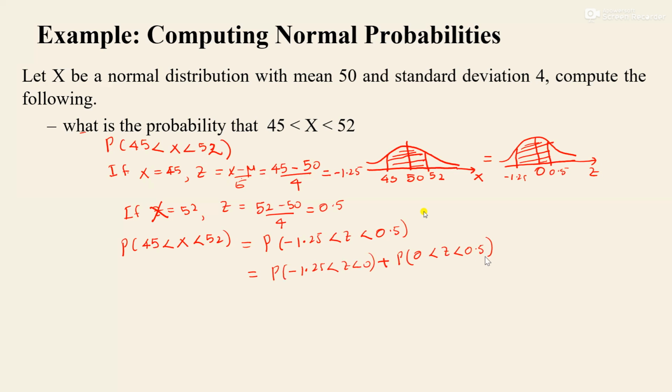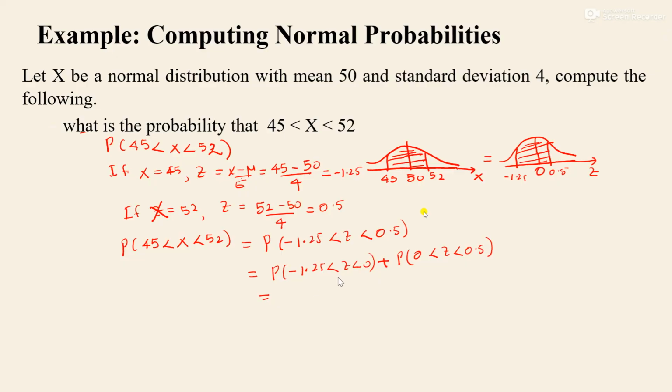This one straight away we can get the probability area from the table because it is a positive value, but this is a negative value. So here we have to write the symmetrical of this part.